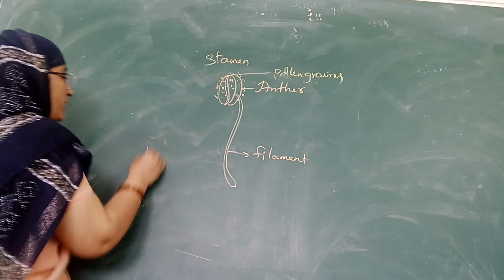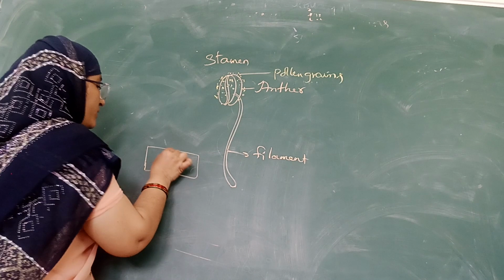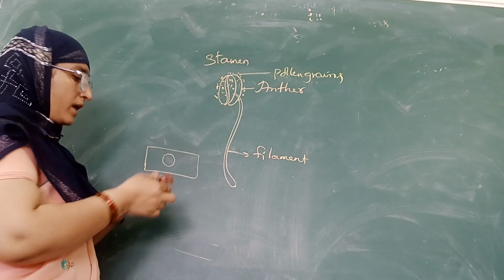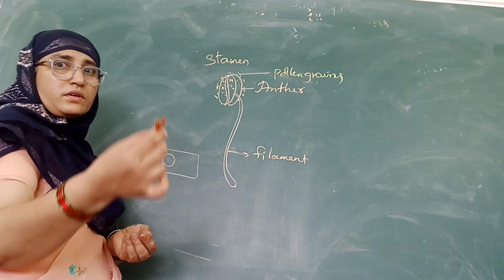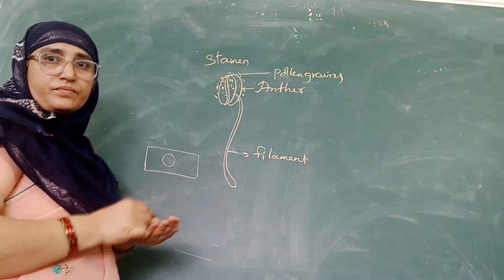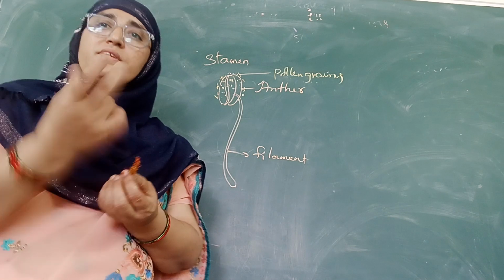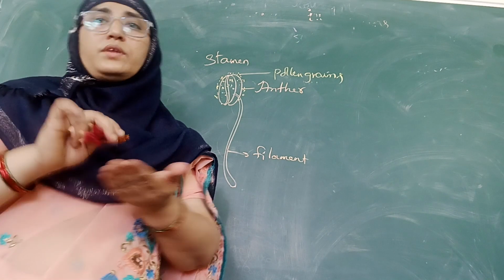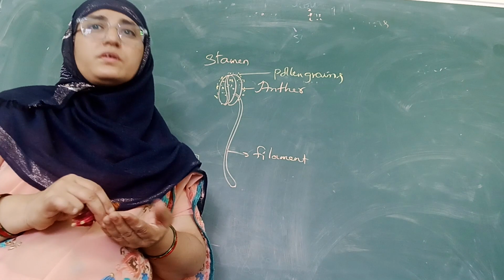Then we take the androecium of the flower and tap it onto that slide. The yellow colored powdery substance is shed off and falls on the drop of water.